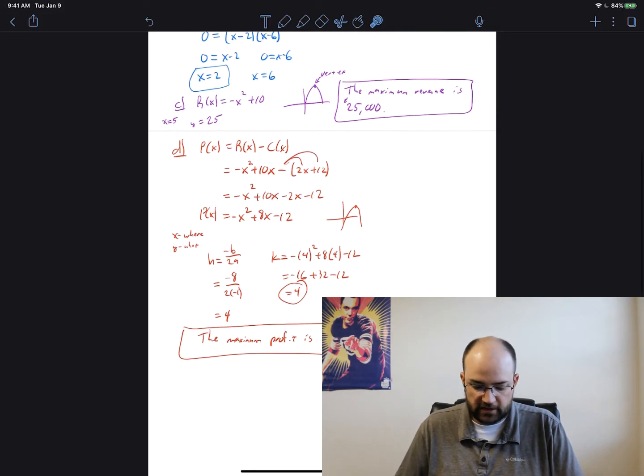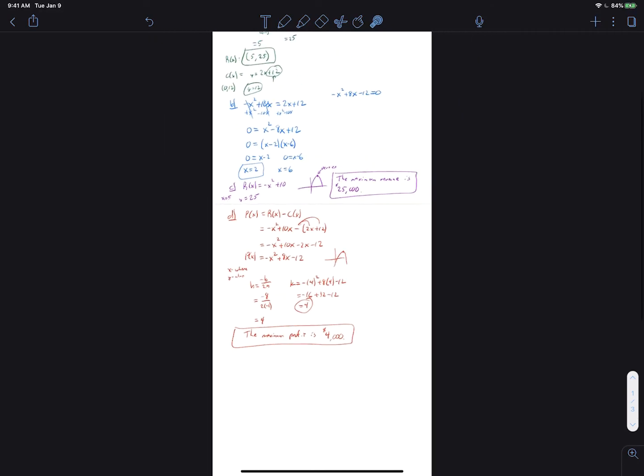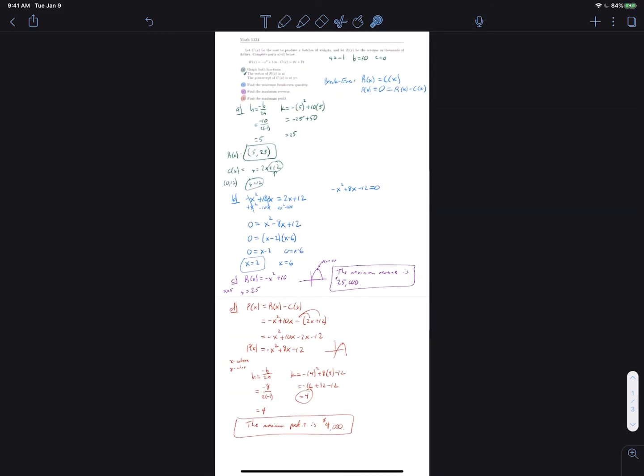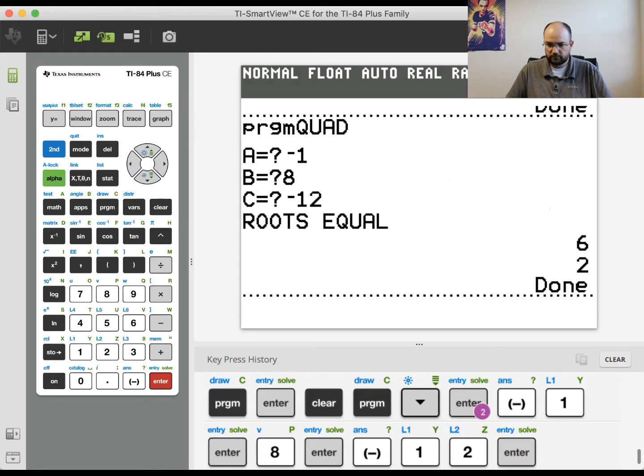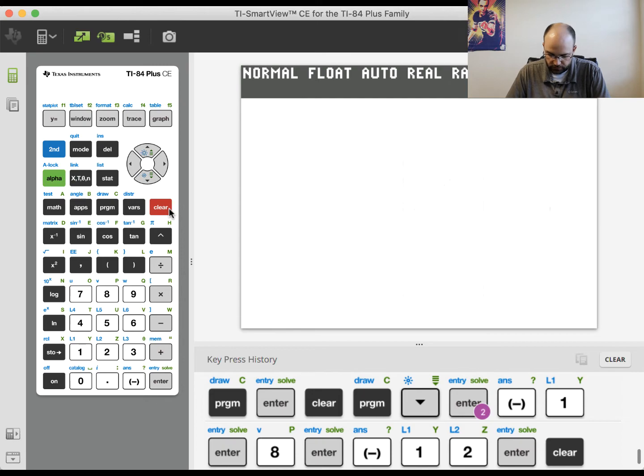Alrighty. From here, I do want to go ahead and try and show that entire thing. Awesome. And then I will show you on the calculator what this looks like. Have fun. Welcome to the calculator. So a couple of things we wanted to do. First was to graph these two.